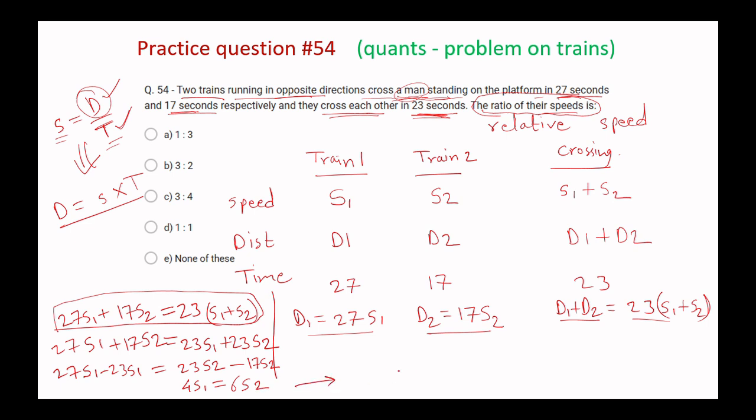So this gives s1 upon s2, which is the ratio of their speeds. s1 upon s2 will be 6 upon 4, and after simplifying it will be 3 upon 2. So option B, 3:2 is correct.